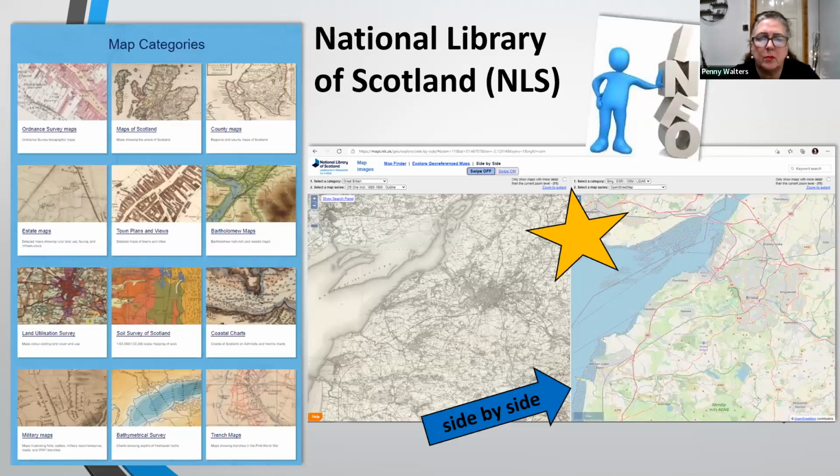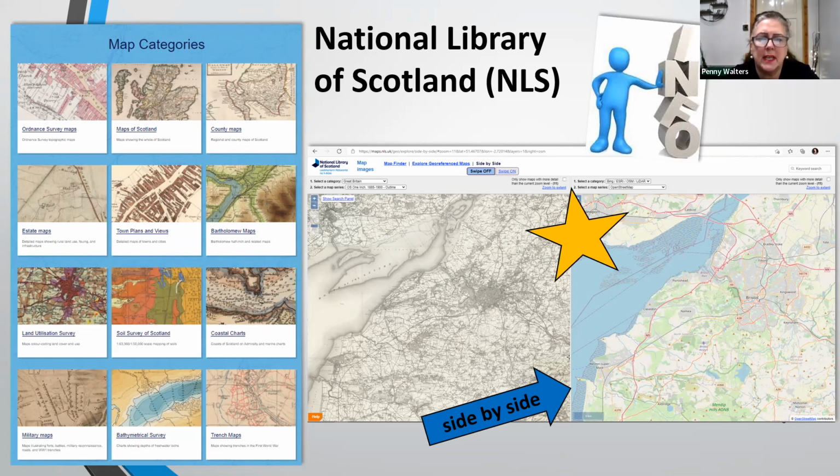Another website, which I find fantastic, and I obviously just need to get out a little bit more, but I love this one. I don't know why it's got this name, National Library of Scotland, or NLS, because basically it's got maps throughout the UK. I love this website, and they've got amazing, amazing maps. You can look at counties, you can look at coasts, you can look at weathers, but the one that I like is the sliding map.